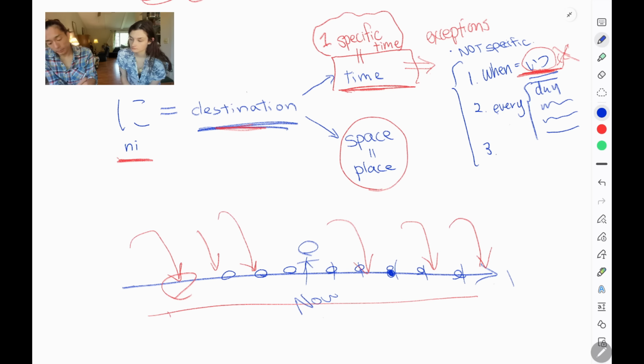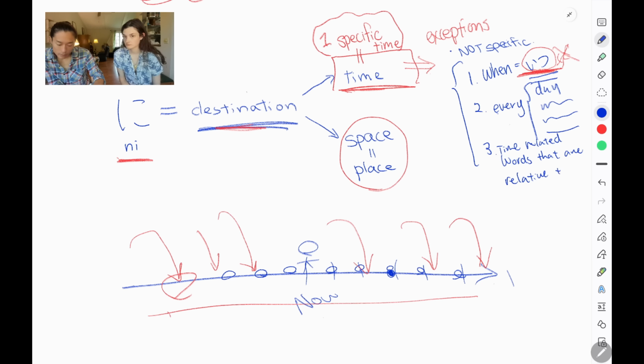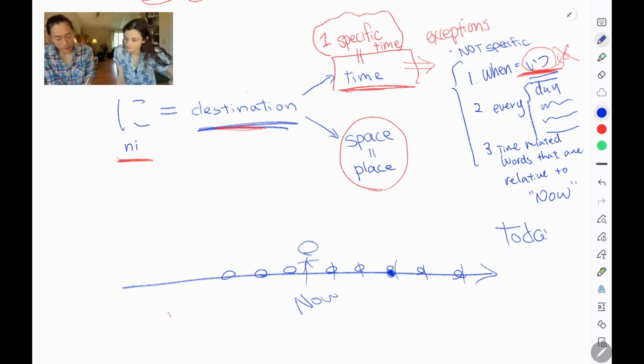Third one, this one is a little bit confusing. Time-related words that are relative to now: today, tomorrow, yesterday, next week, last week, these stuff.